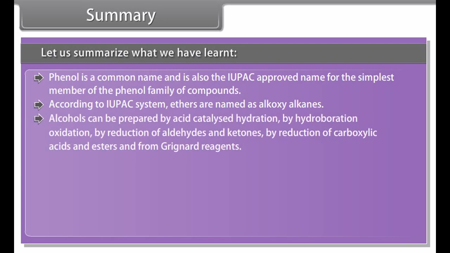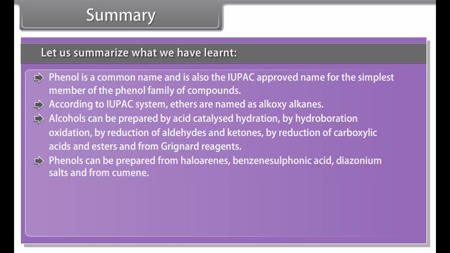Alcohols can be prepared by acid-catalyzed hydration, by hydroboration oxidation, by reduction of aldehydes and ketones, by reduction of carboxylic acids and esters, and from Grignard reagents. Phenols can be prepared from haloarenes, benzene sulfonic acid, diazonium salts, and from cumene.